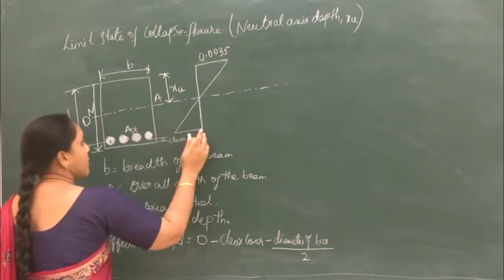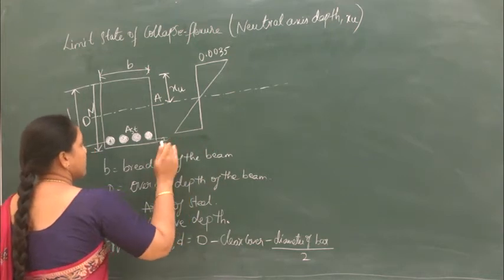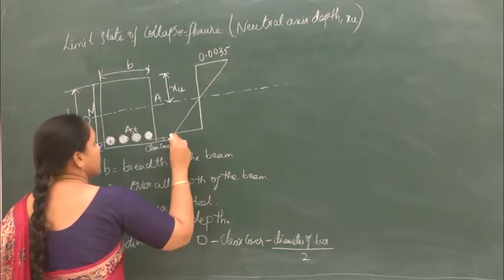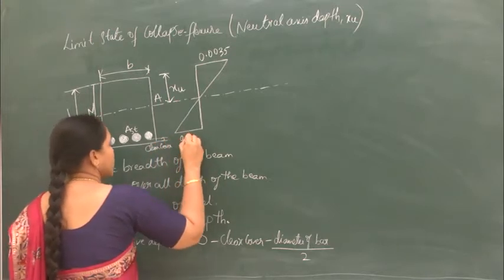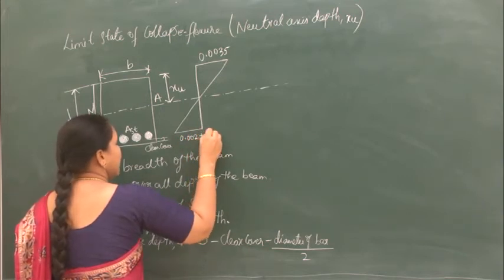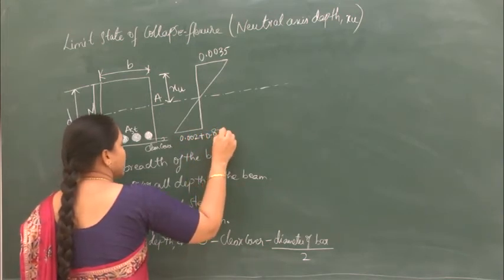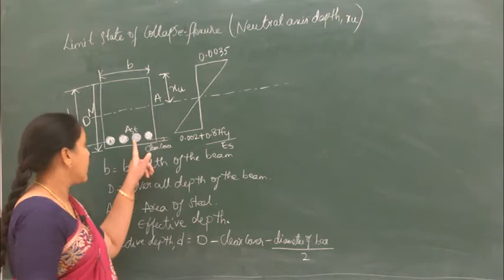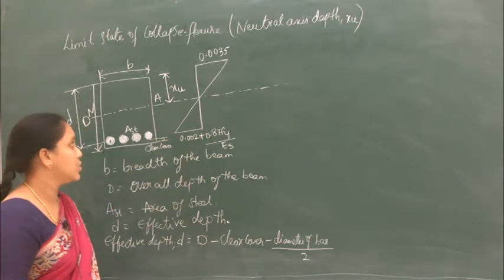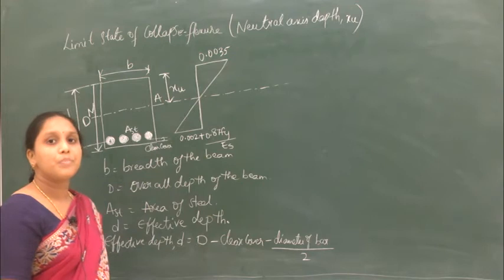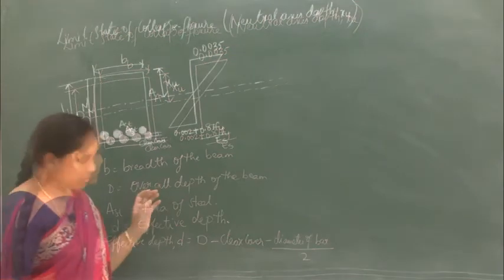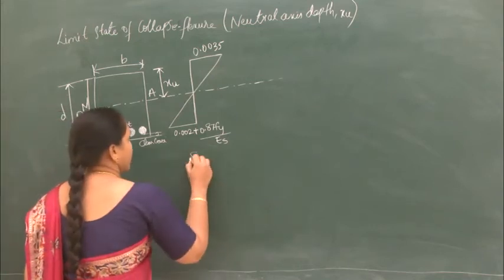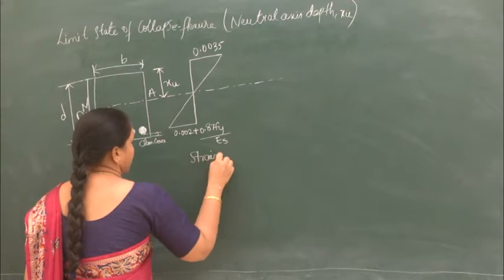So here the maximum strain is 0.002 plus 0.87 Fy by Es. So here we are going to have our maximum strain. So this is going to be our strain profile.